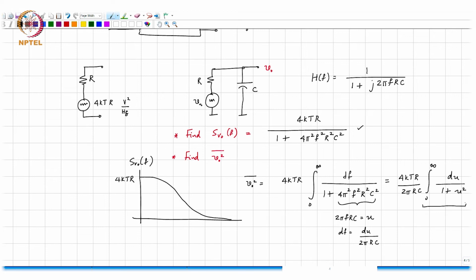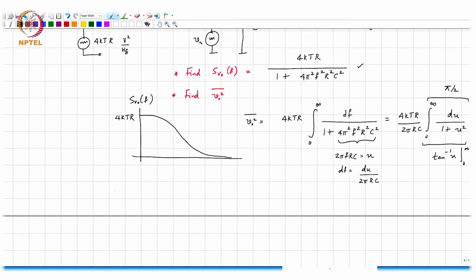I don't know how many of you still remember the integral. What is it? It is the arctangent of u, and that has to be evaluated between limits of 0 and infinity, which basically is, what is that? Pi over 2. So, the mean square noise after all this is 4 kT R times pi over 2, just like in your JEE or GATE exam.